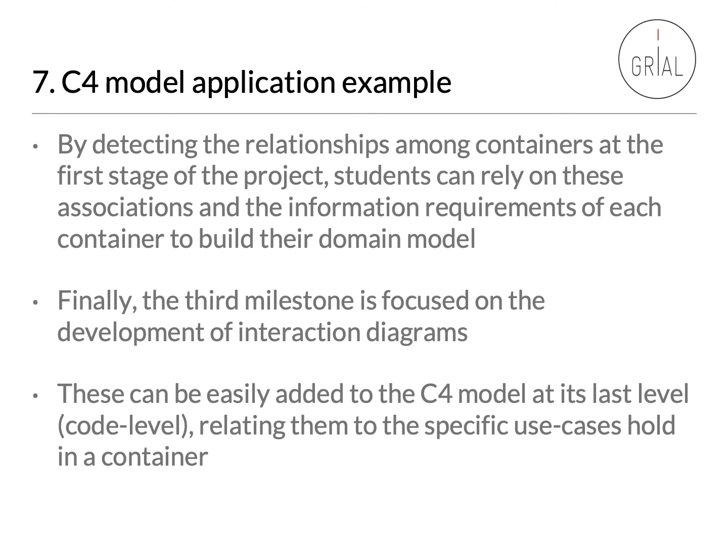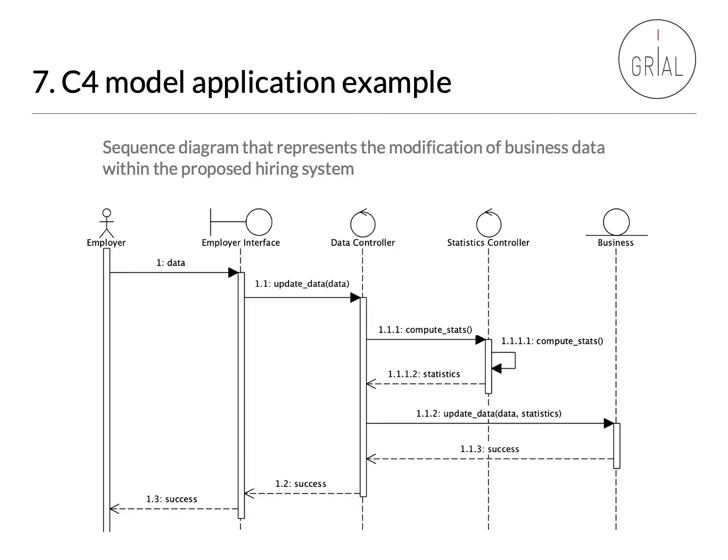Finally, the third milestone is focused on the development of interaction diagrams that are based on the first stage of the final project. The third phase of the final project is represented through sequence diagrams, as the sample seen in this slide.